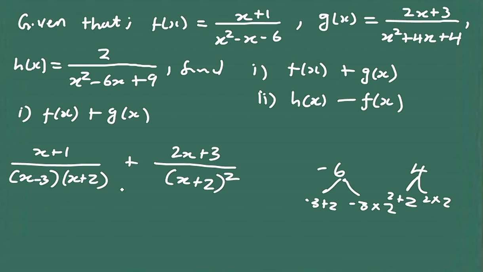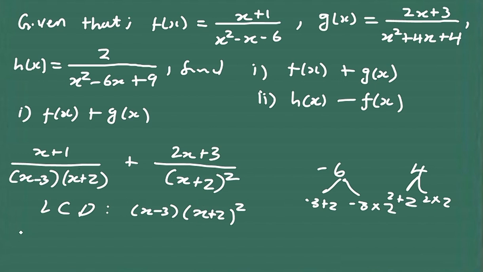Okay, now let's look at the denominators of these expressions. If we look at the common denominator, this is going to give us x minus 3 and x plus 2 squared. So just consider the lowest common denominator. When we take this common denominator and divide by the first denominator, we will see that x minus 3 is gone and one of these x plus 2 is gone.